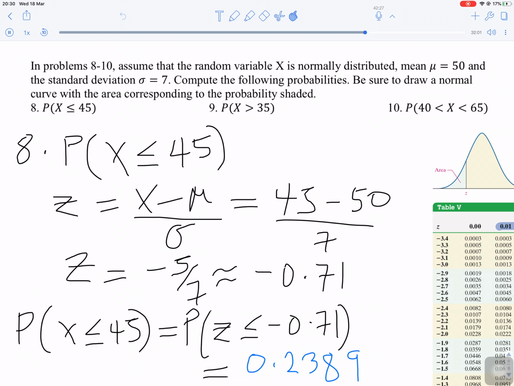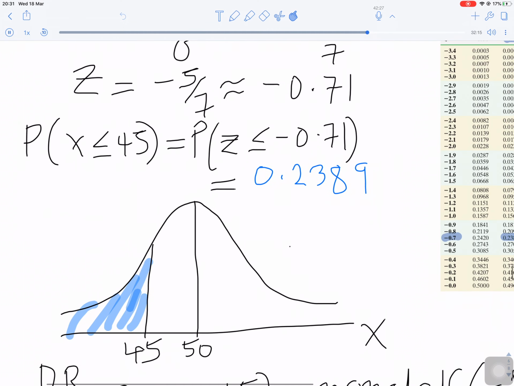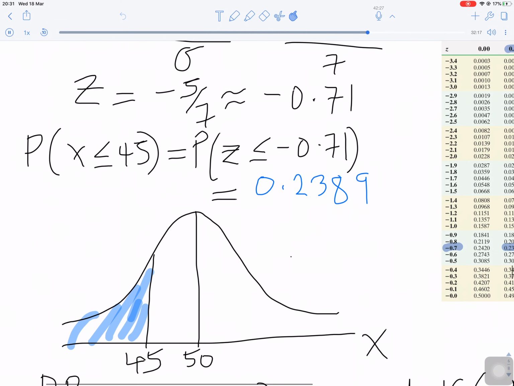So the probability of x less than or equal to 45 is the same as the probability of z less or equal to negative 0.71, because when we standardize 45 using the mean and the standard deviation, the value is negative 0.71.